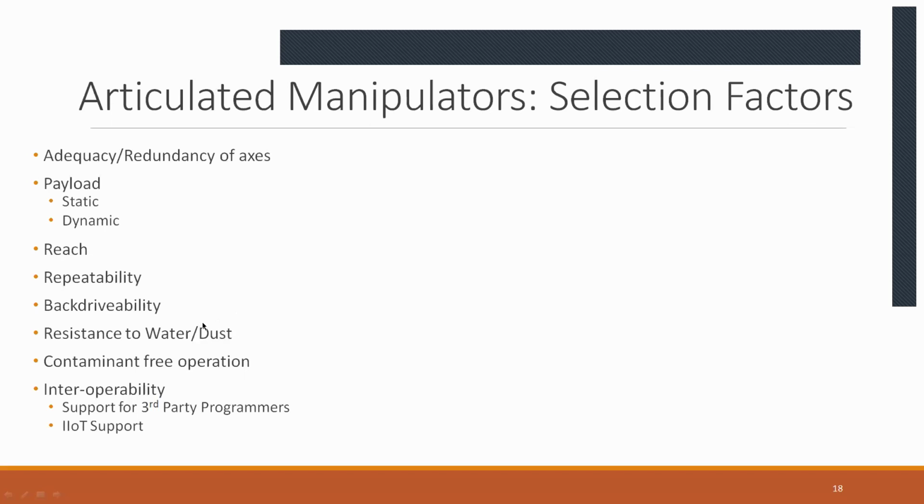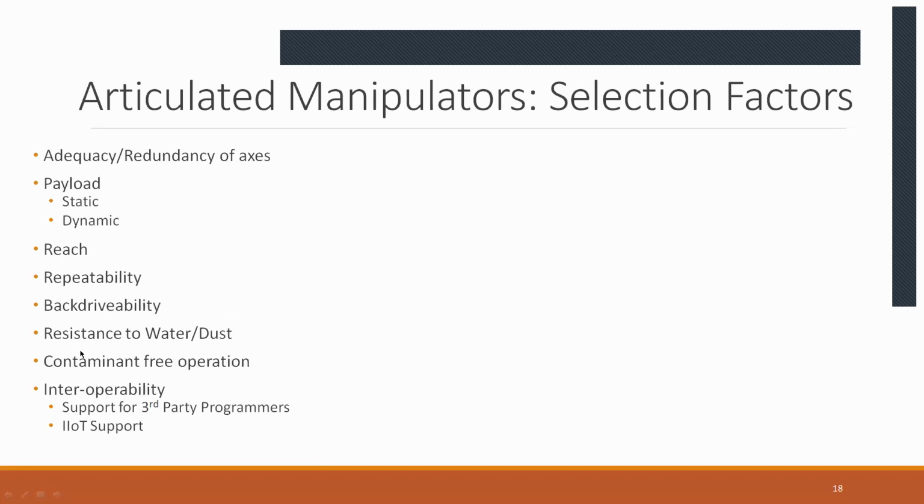Otherwise, within a matter of days, the dust from the powder coating spray would clog up the actuators, and the robot would bind itself. And similarly, there are robots which work in environments which have water around, and in that case, it needs to be resistant to water. So you need to check the documentation of the manipulator models and see whether it meets whatever criteria you're looking for.